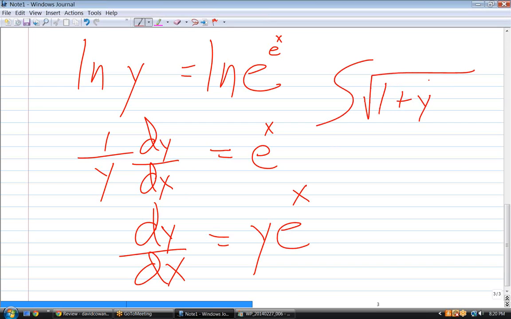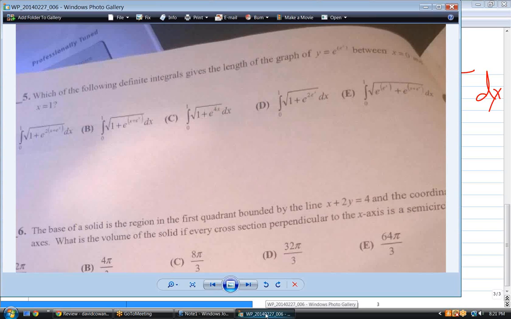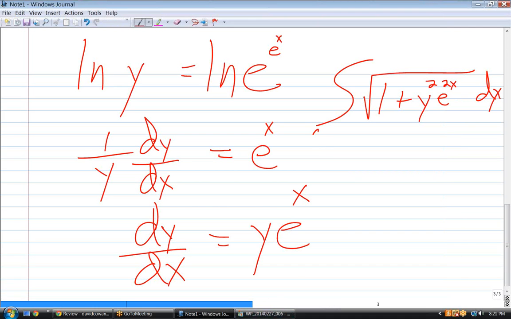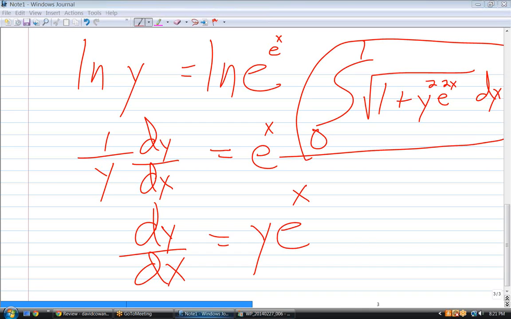So that's y squared times e to the x squared, which is e to the 2x. Good. dx. This was going from what to what? From 0 to 1? So this is what we're looking for as an answer.